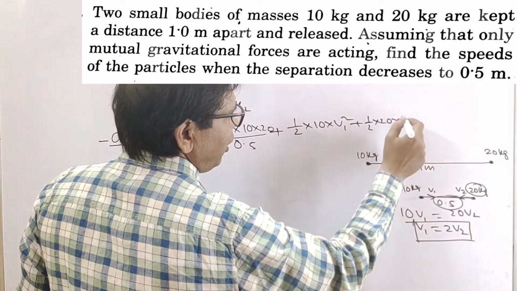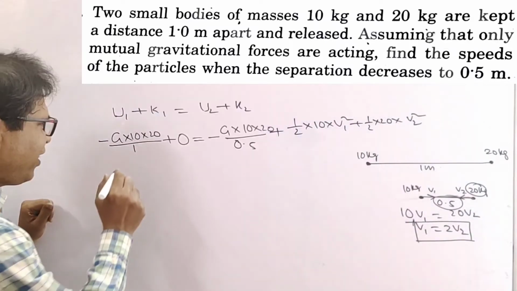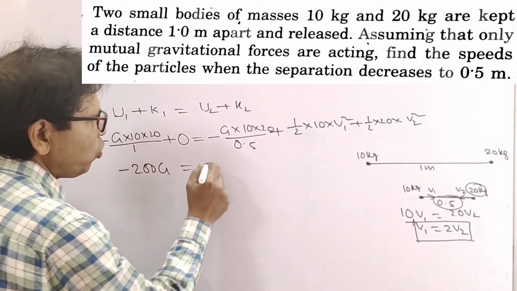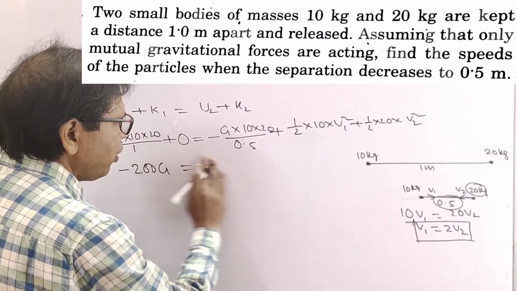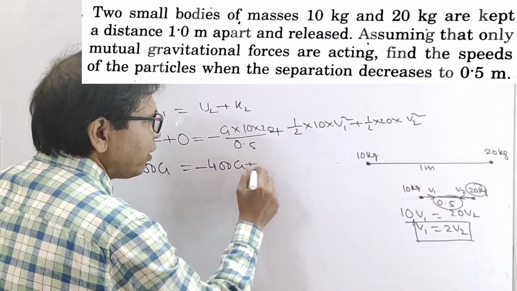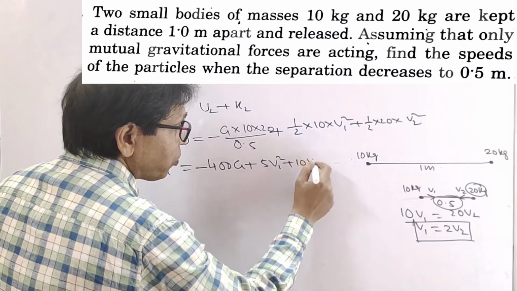This is minus 200 G, this equals minus 400 G plus 5 V1 square plus 10 V2 square.